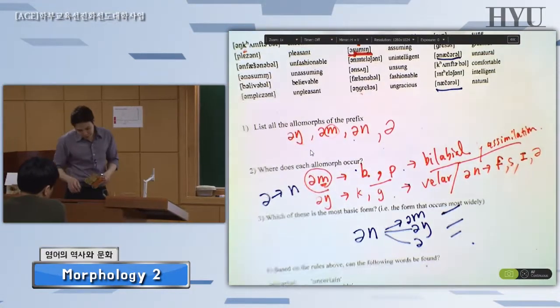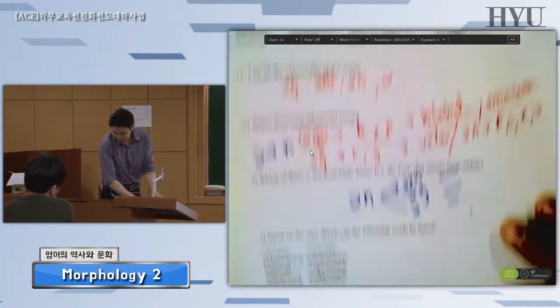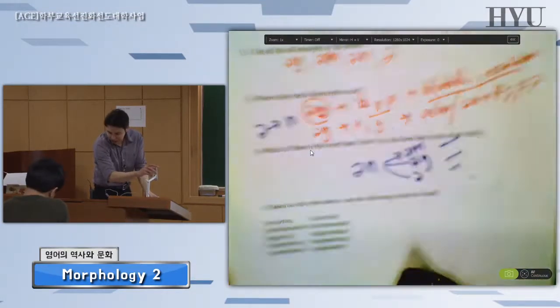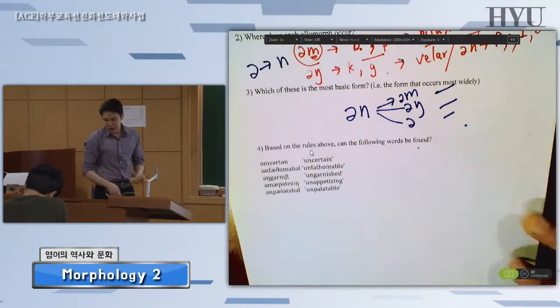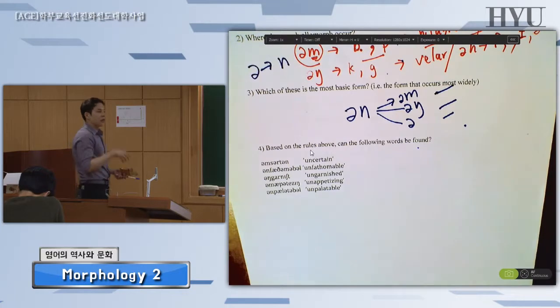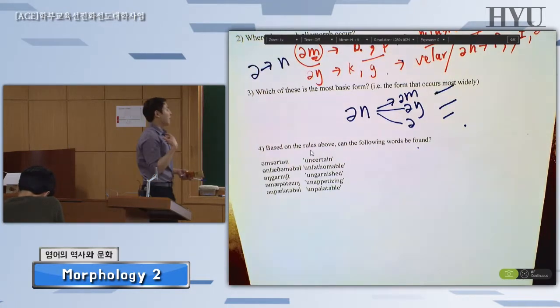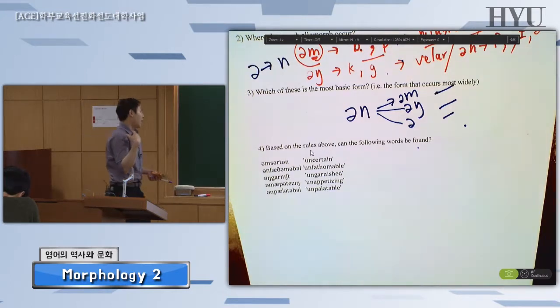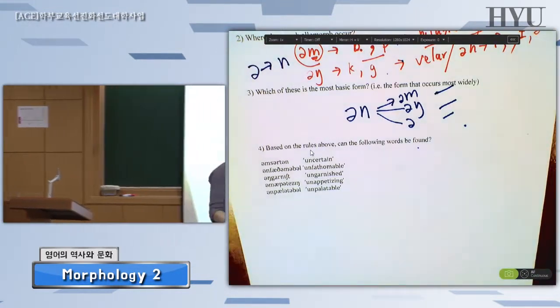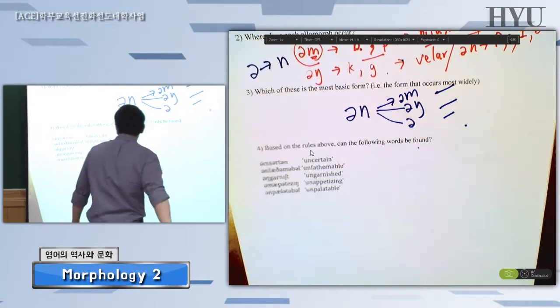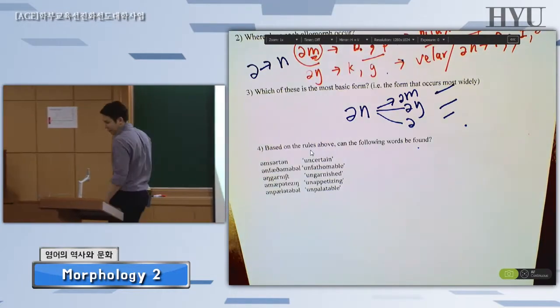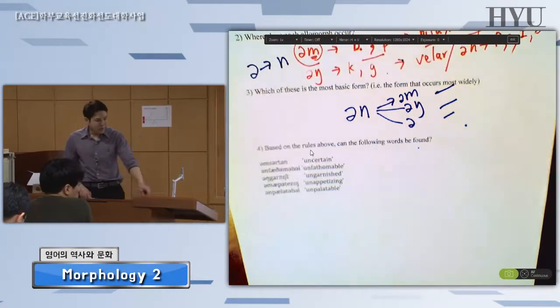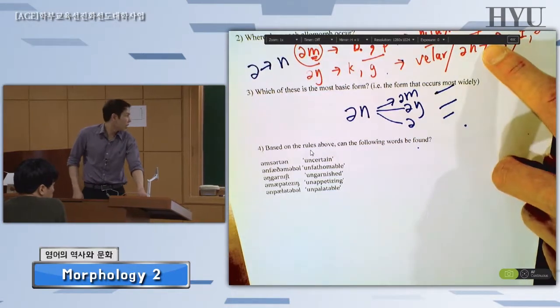And now number four. Can you guess whether or not you will find these words? Uncertain, unfathomable, ungarnished, unappetizing, unpalatable. Do we find any of these in real life? Based on the rules that we see here, right?